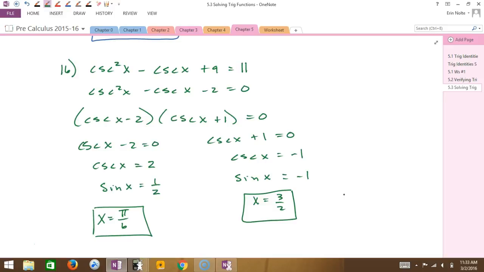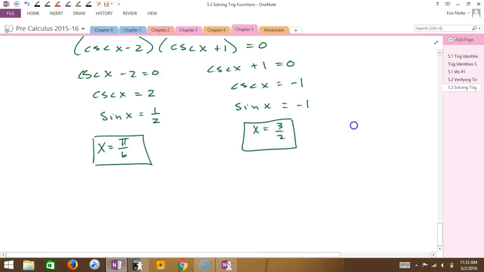Ooh, 17. Do I need to do number 18 with you? 18 is also quadratic. That also requires factoring. Do you guys feel like you got that? Maybe we should skip to number 22, where they have different trig functions.